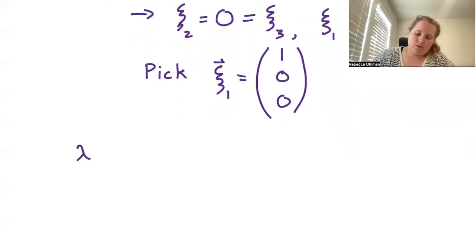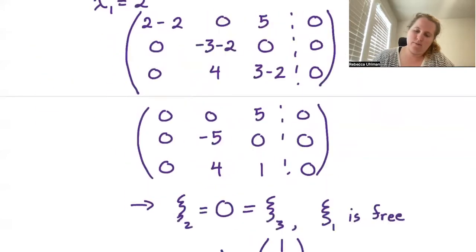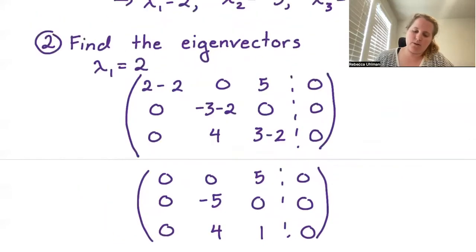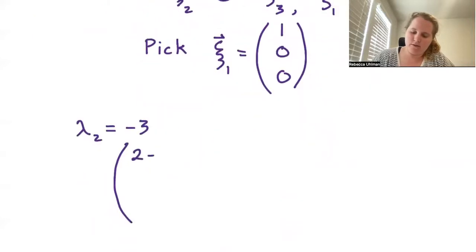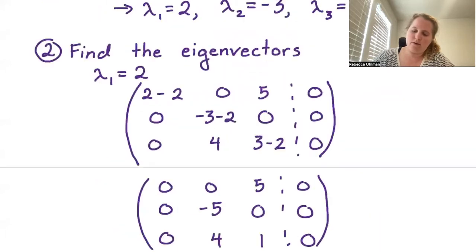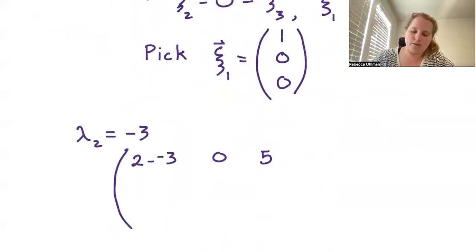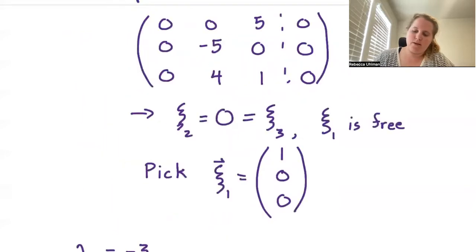For lambda 2 equaling negative 3, we are looking at the augmented matrix, the original matrix being 2 minus negative 3, 0, 5. Second row being 0, negative 3 minus negative 3, 0.